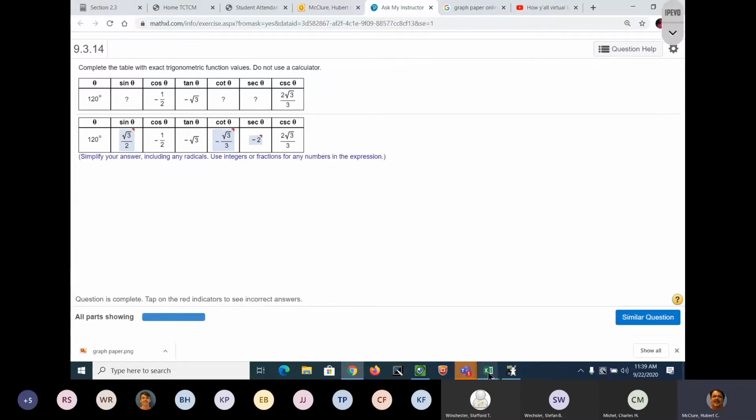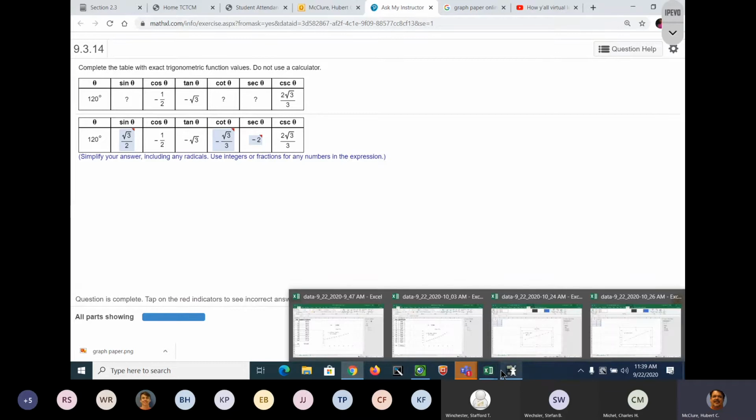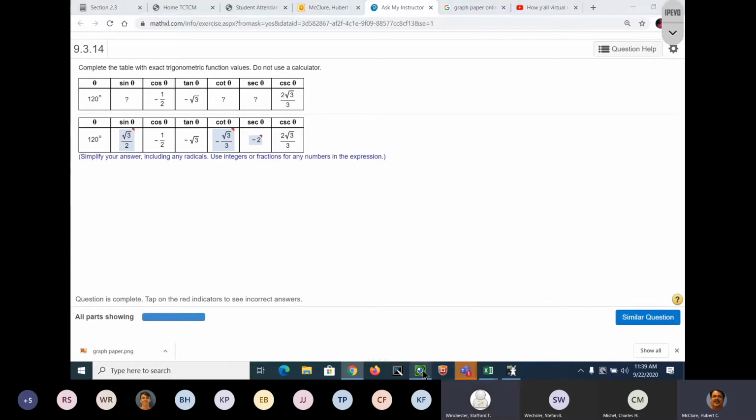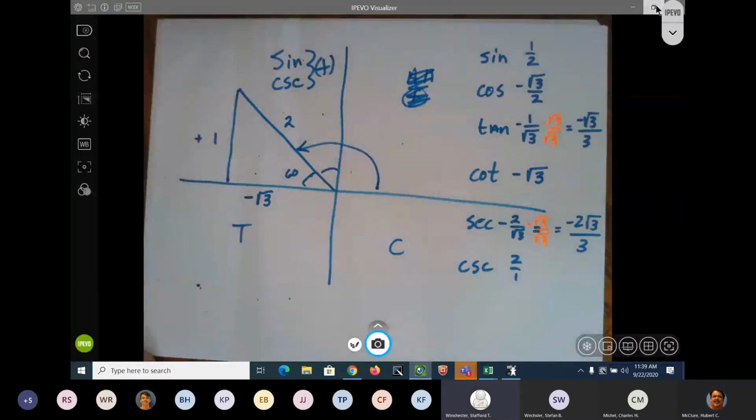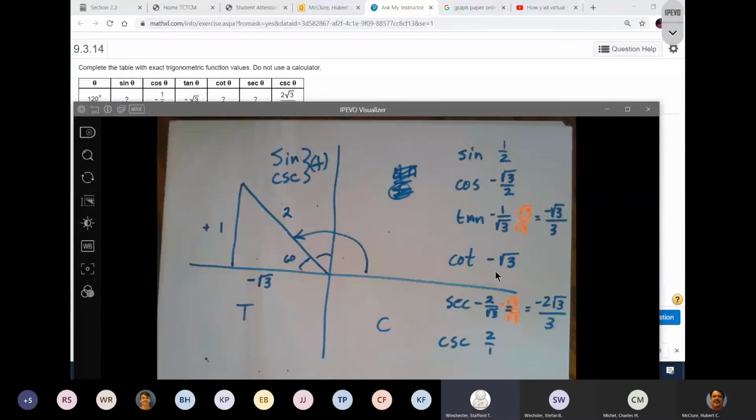Okay, did I make a mistake? Somebody help me out. I heard what you said. Say it one more time. What did I do wrong? You had cotangent as negative square root of 3 instead of negative square root of 3 over 3. Oh, okay. Oh, well, it's supposed to be right here. But they gave you tangent as negative square root of 3. They also gave you cosine as 1/2 or negative 1/2.